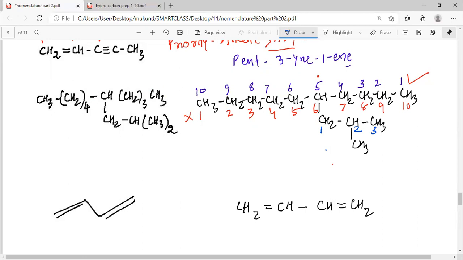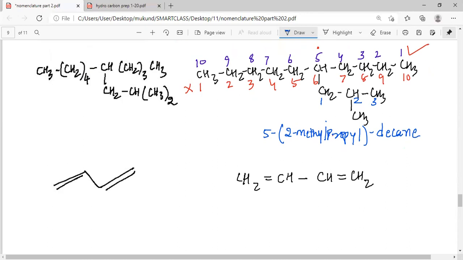So now we can write the name of this compound as 5 into the bracket, then we have 2-methyl propyl, and then we have decane.